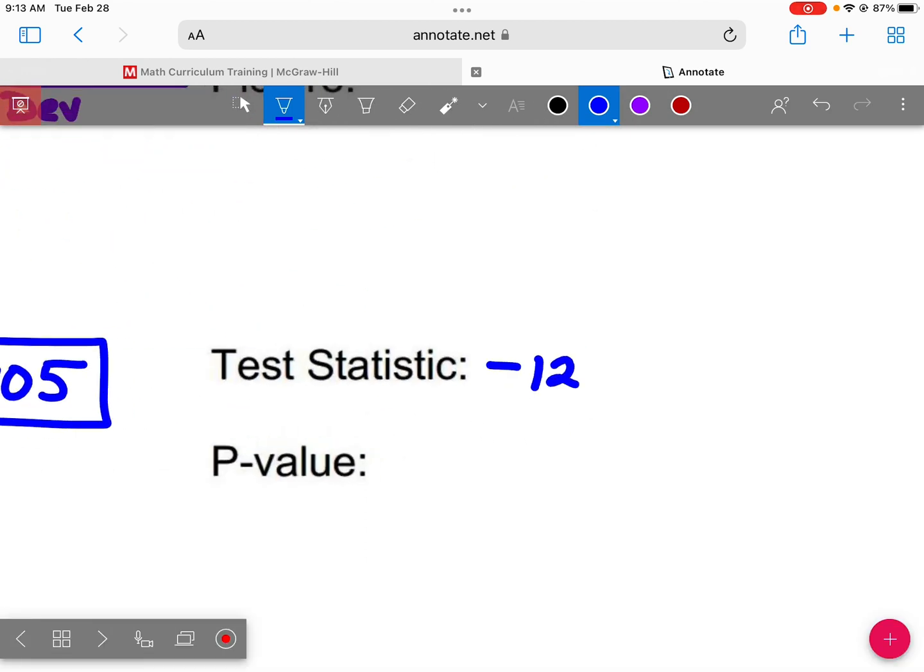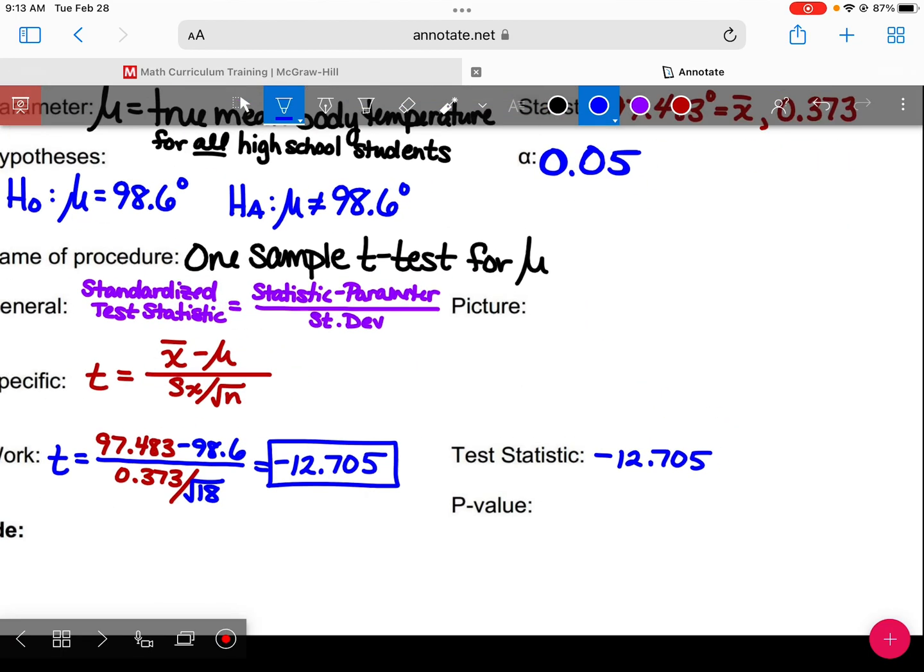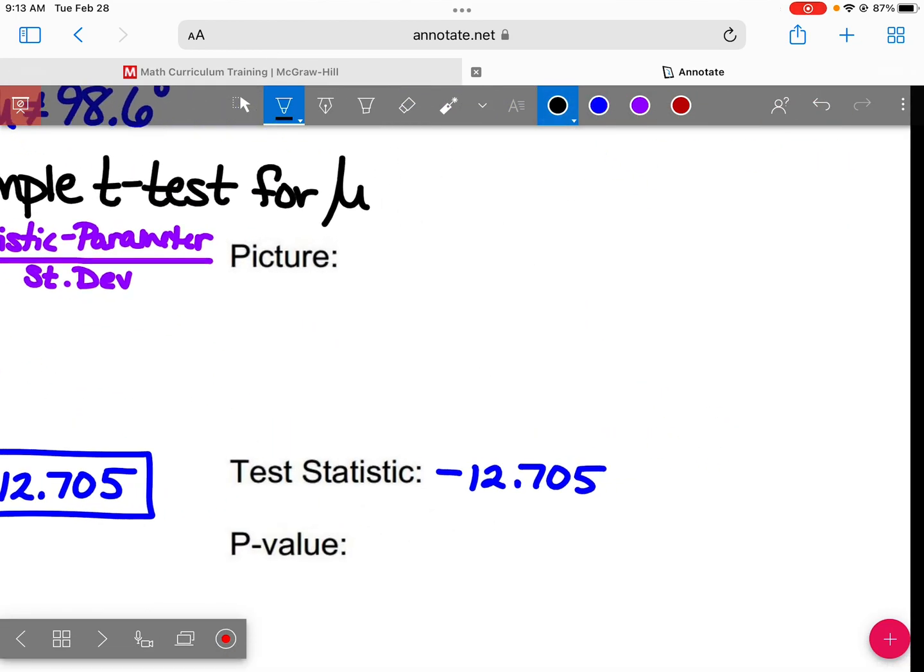We need a picture to go along with this. Am I going to draw a normal curve? No. What are we drawing this time? A t-curve, t-distribution. It looks a lot like a normal curve.